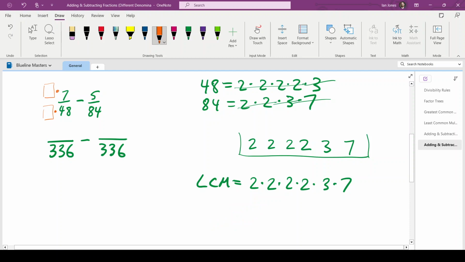Look at this. 336 is this LCM, right? This equals 336. 48, I'm going to see which of these numbers are used to make 48. I can actually see it right up here.